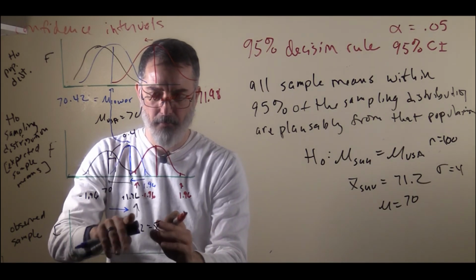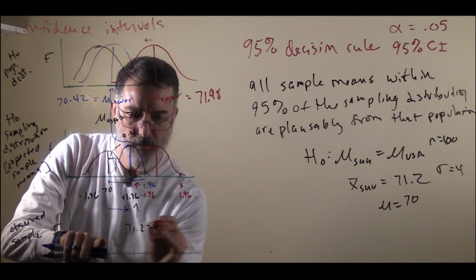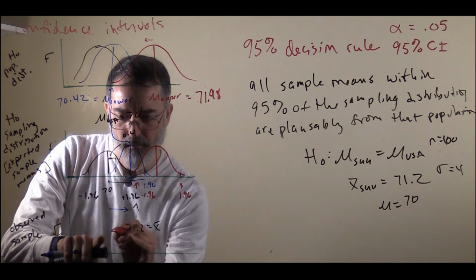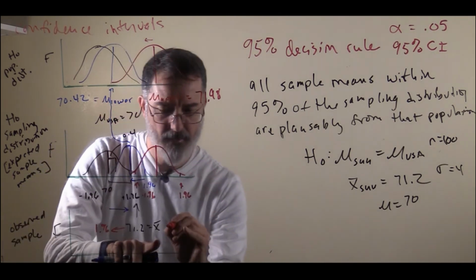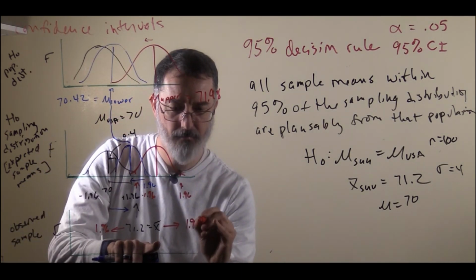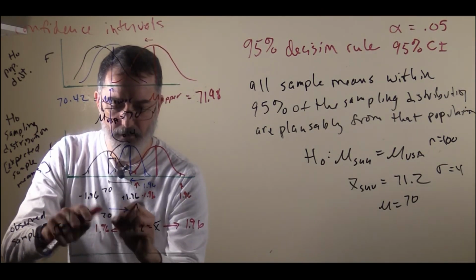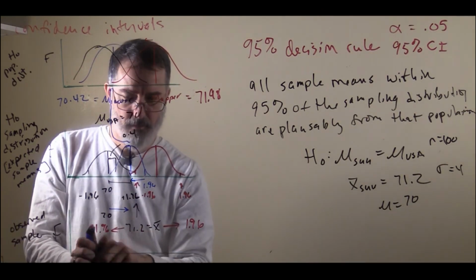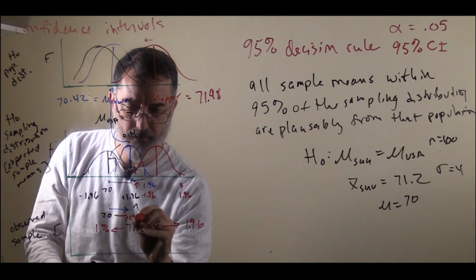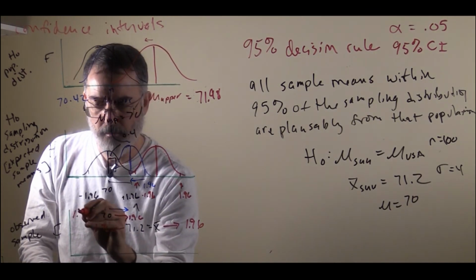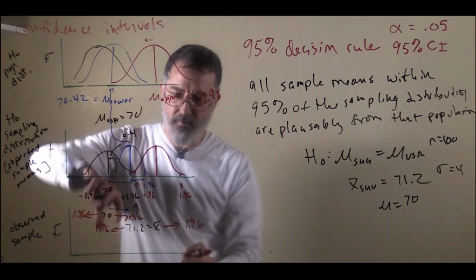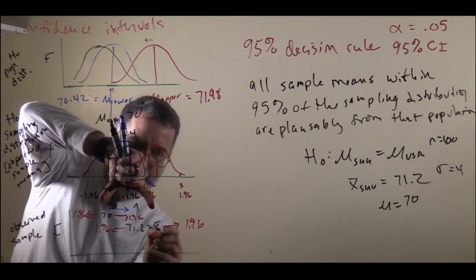So those are 1.96 standard deviations that way, and 1.96 standard deviations that way. And for our null hypothesis, it was 70, and then you went over 1.96, either way.